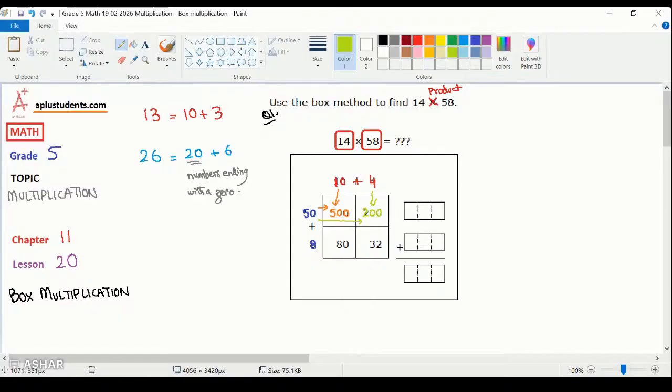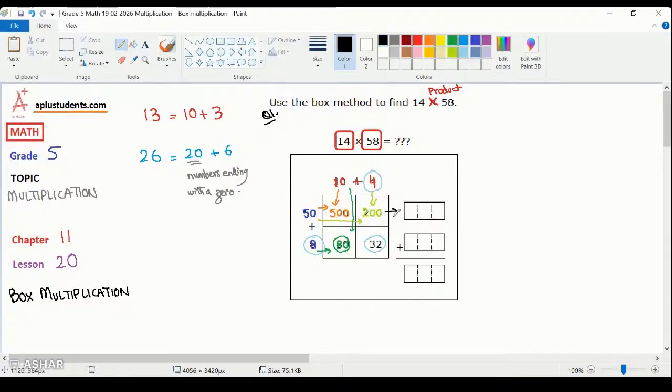Agreed? For the next one, 10 multiplied by 8. 1 multiplied by 8 is 8, and we put a 0. And for the last one, 4 is multiplied by 8. That was 32. Agreed?